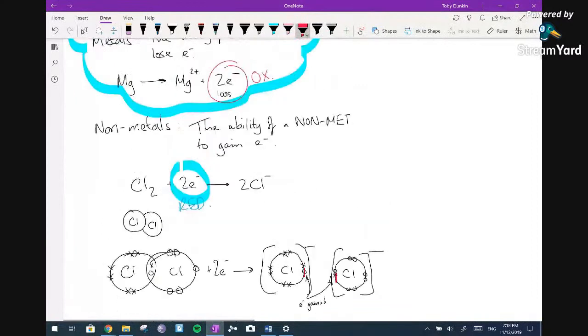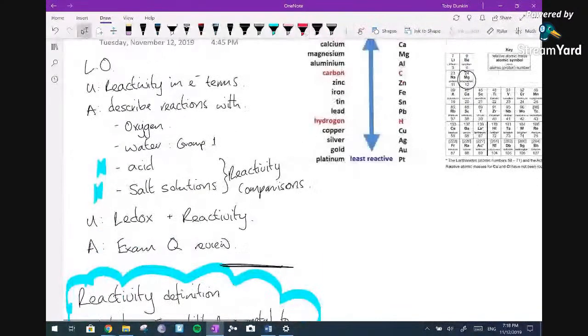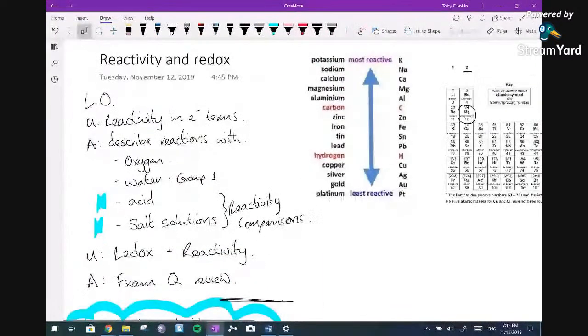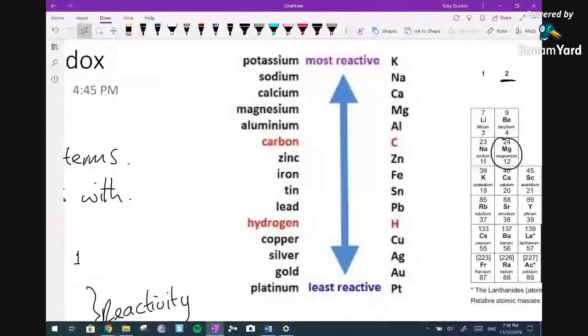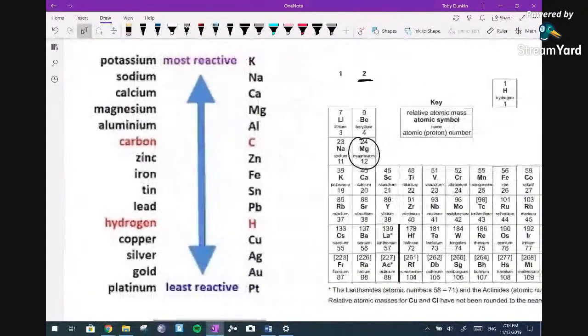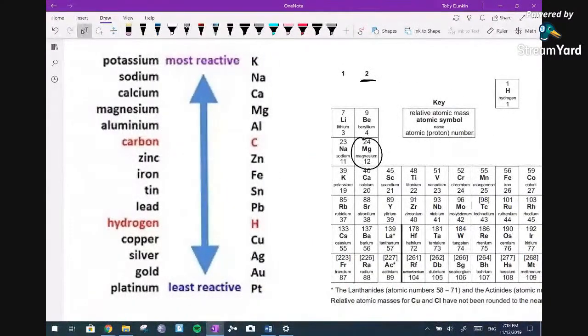Anyway, let's go back to our metals and start looking at this directly with our reactivity series. Now that we can talk about reactivity for either metals or non-metals in terms of electrons, we can start looking at this idea of comparative gaining and losing with multiple elements.